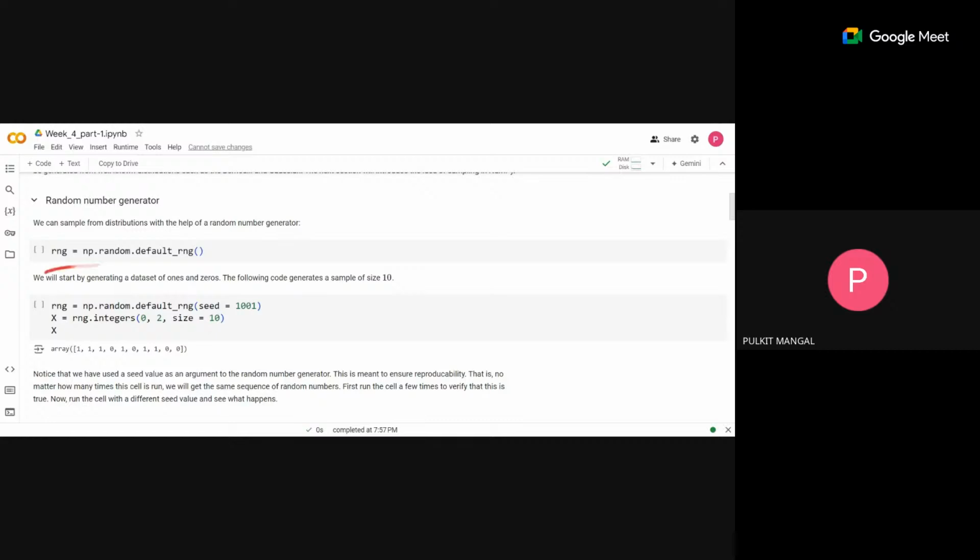Now if you see in this line of code, the only difference is that we are putting one parameter, that is seed. Does anybody know what this seed value will do? If we are selecting certain random numbers, then it will take the same random numbers all over.